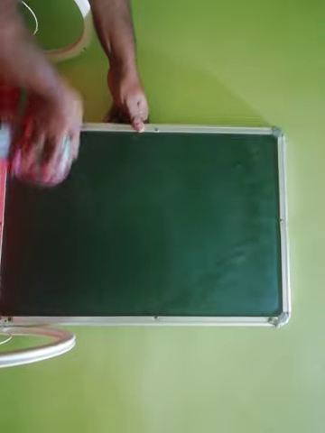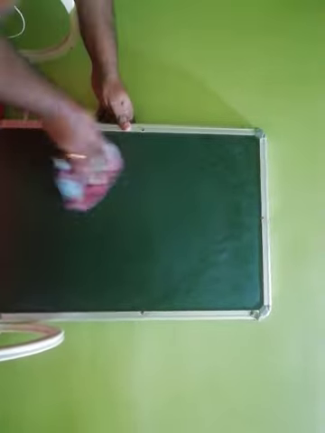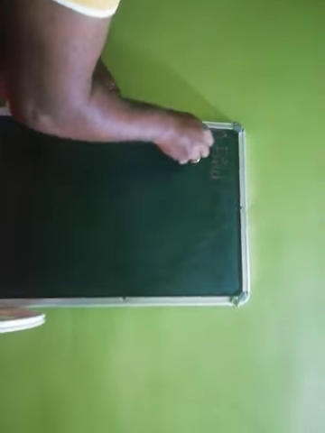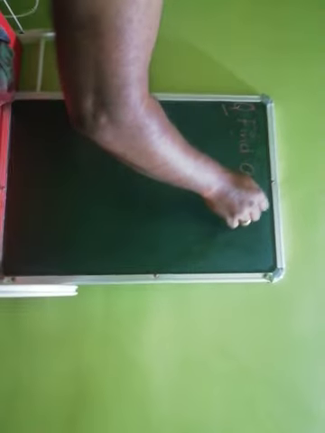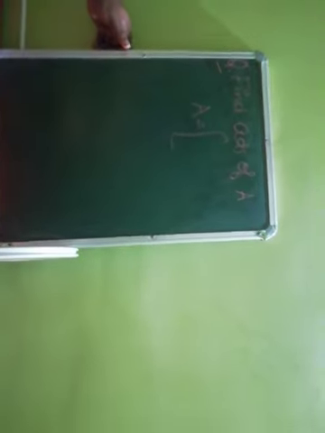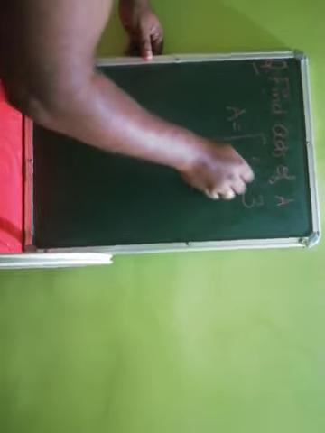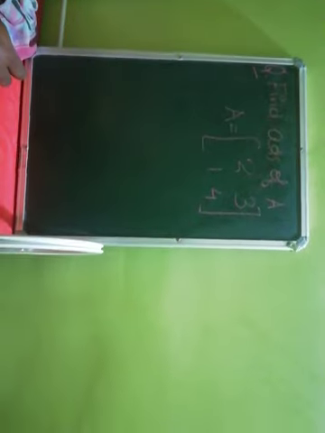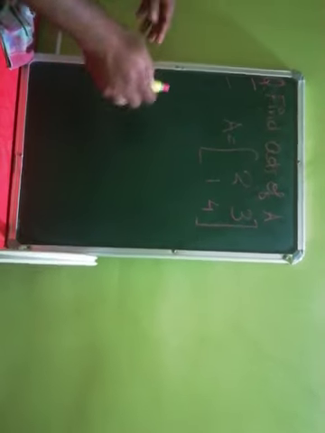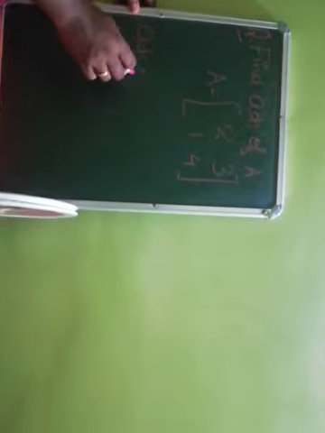Let us do one more question, and I hope you are all understanding this. We have to find the adjoint of A, where A is the matrix 2, 3, 1, 4. That trick we discussed earlier is only for a square matrix of order 2, so directly you can write it by using that concept.